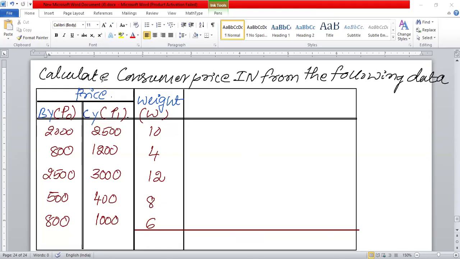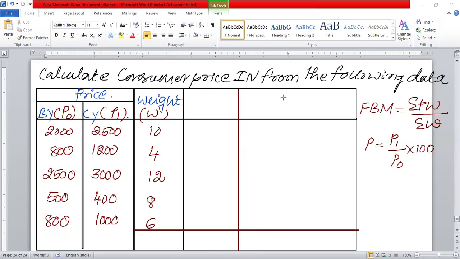So now formula, family budget method is equal to summation of PW by summation of W. P is equal to P1 by P0 into 100. Now calculate P, then PW.